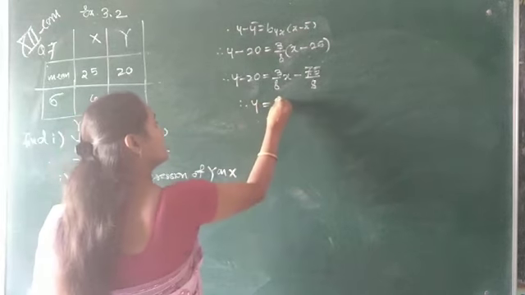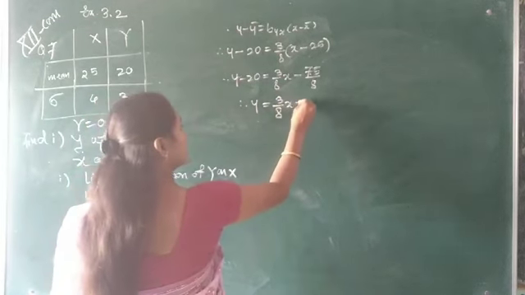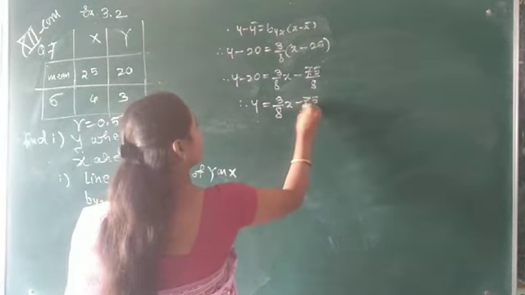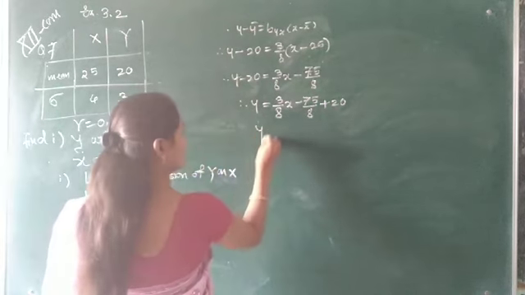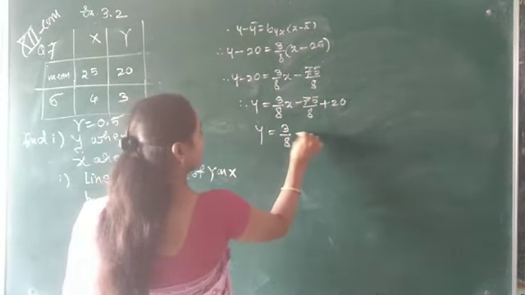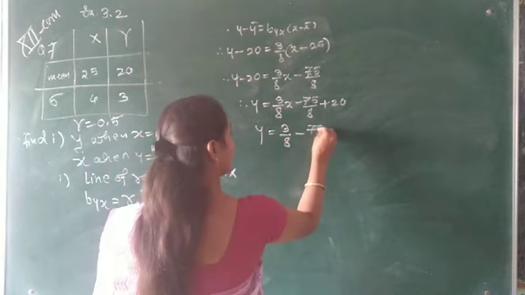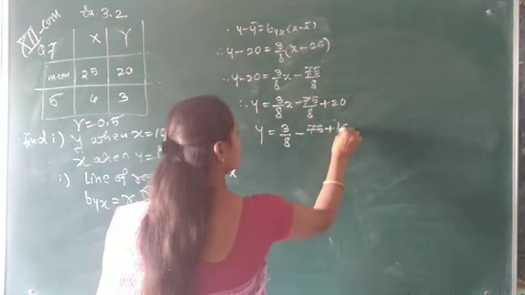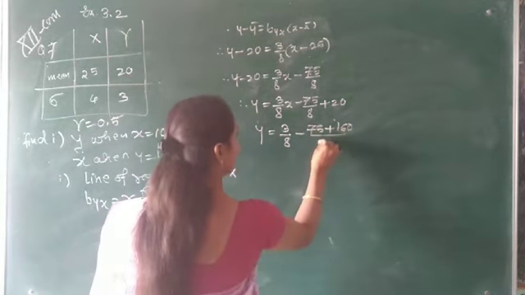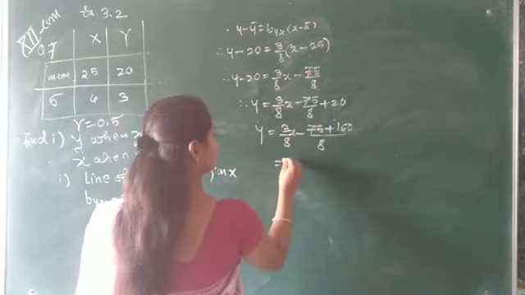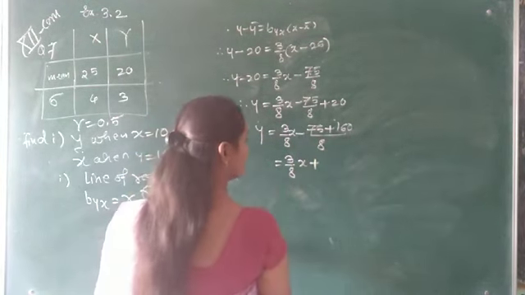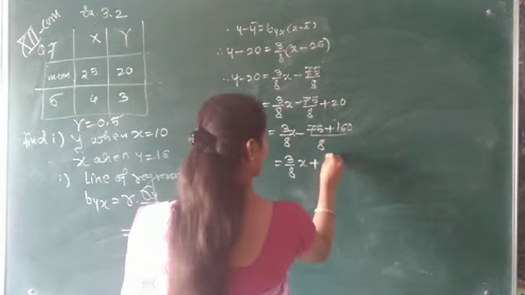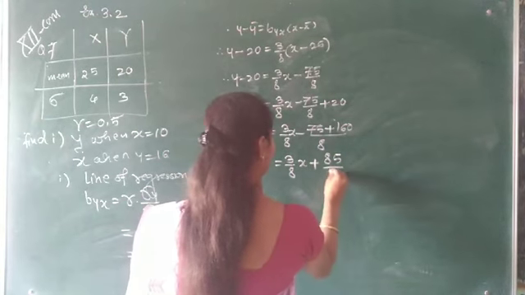Therefore, y is equal to 3 by 8 x minus 75 upon 8. The minus 20 will become plus 20. So 3 by 8 x minus 75 plus 160 upon 8, so it is 85 upon 8.